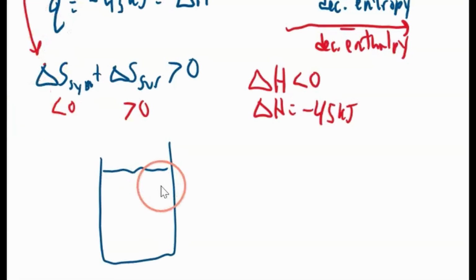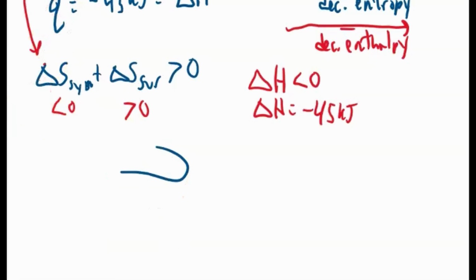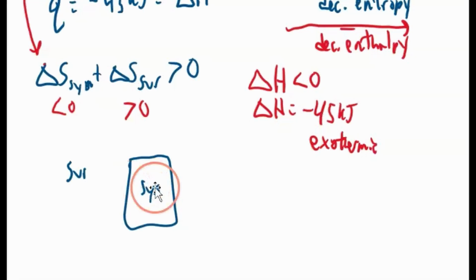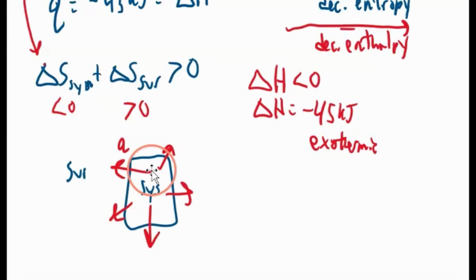If we have our system here, it doesn't have to be a flask, it could be a box, and this is our surroundings. Now we have energy being released. This is exothermic. The system is losing energy, and we have heat transfer Q out of the system to the surroundings, transferring kinetic energy to the surroundings.